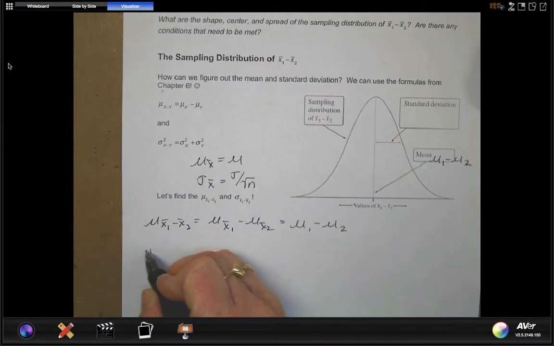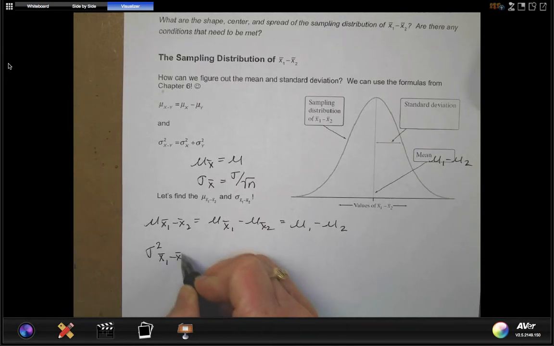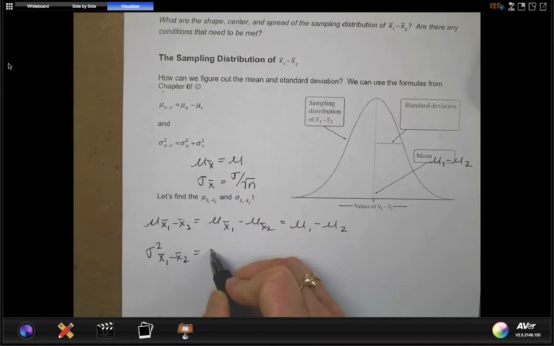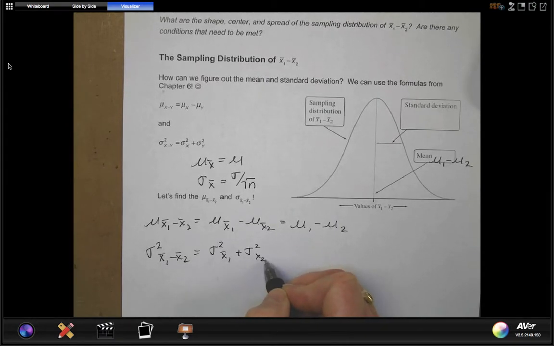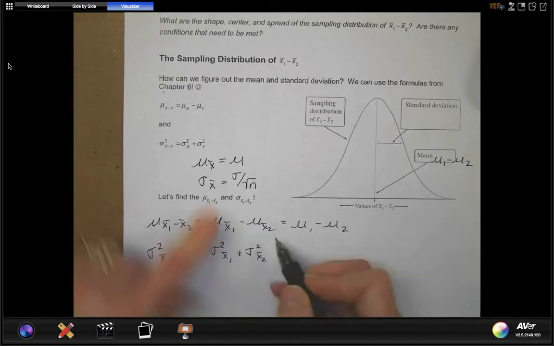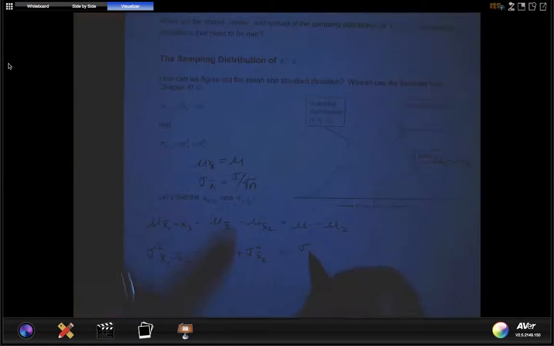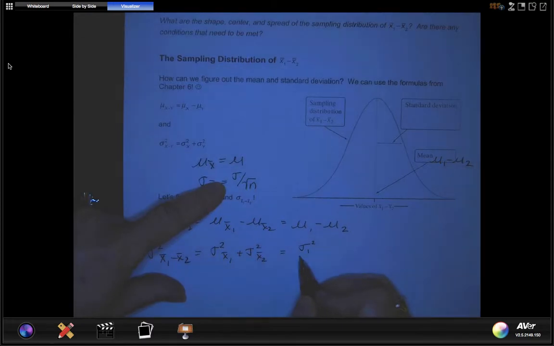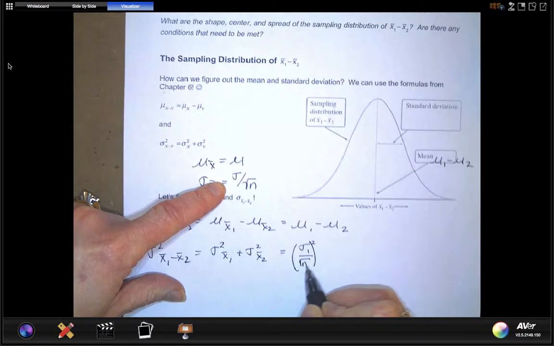To find the standard deviation, I'm going to first find the variance. So remember back from chapter 6. The variance of this, so let's say for the first one, I would square the whole thing, and this is n1.